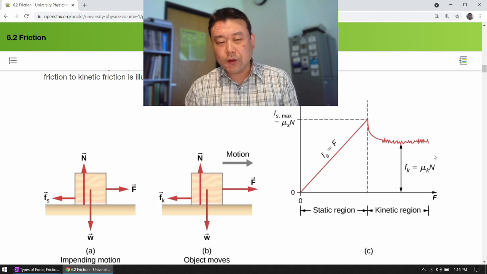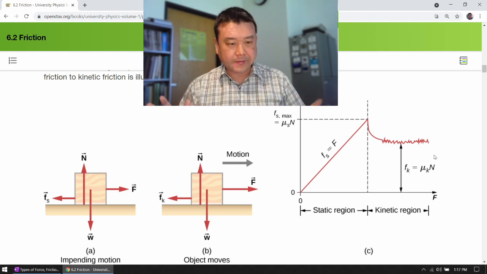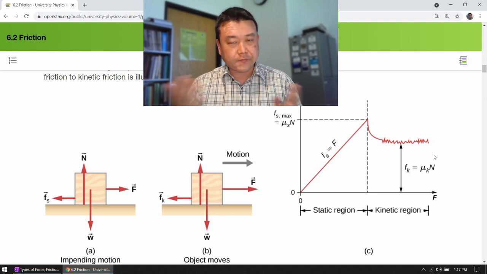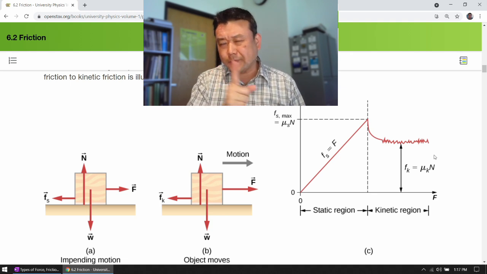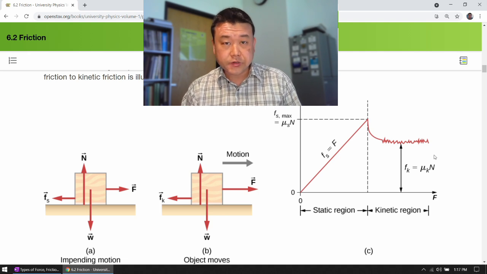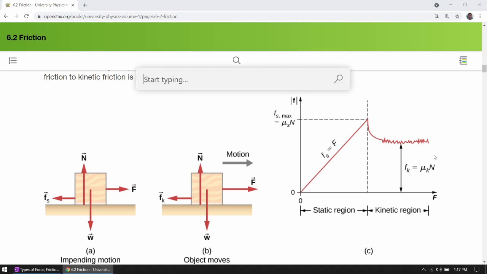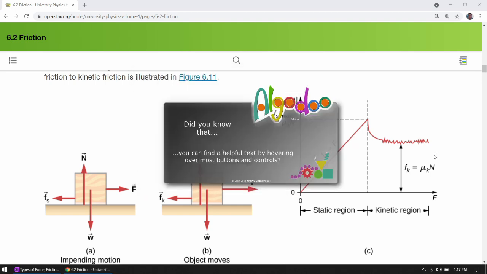Let me give you one more illustration to help you fully observe this fact that static friction and kinetic friction are different, and that you have to be very careful in determining the amount of static friction. Let me do this with the Algodoo simulation. So here's the simulation.